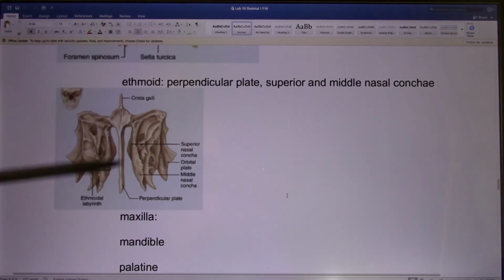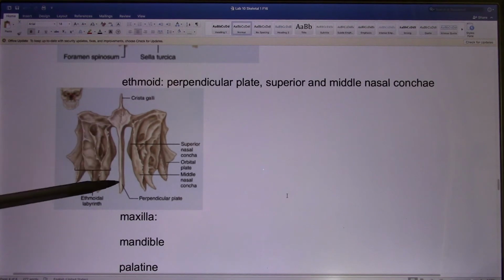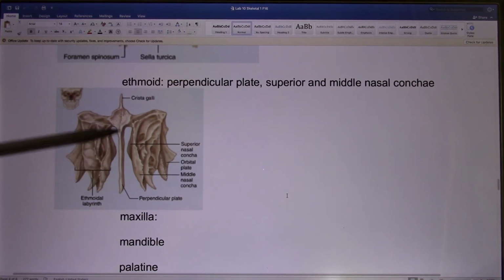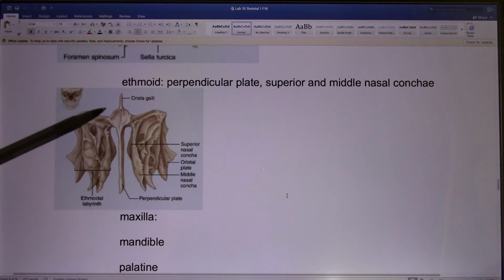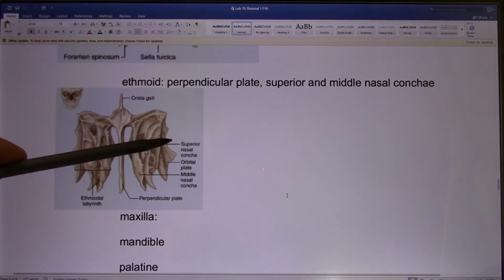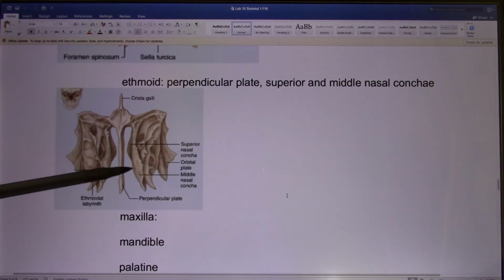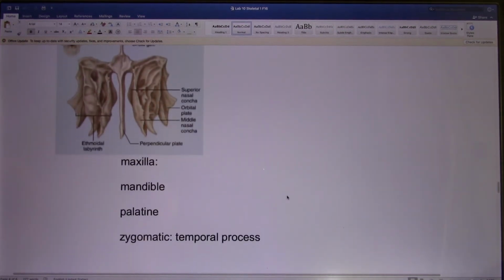We talked about the perpendicular plate, which creates your nasal septum. The upper part of the nasal septum is created by the perpendicular plate of the ethmoid bone. We also talked about the nasal conchae. The superior and middle nasal conchae are part of the ethmoid bone. The inferior nasal concha is actually a separate bone.